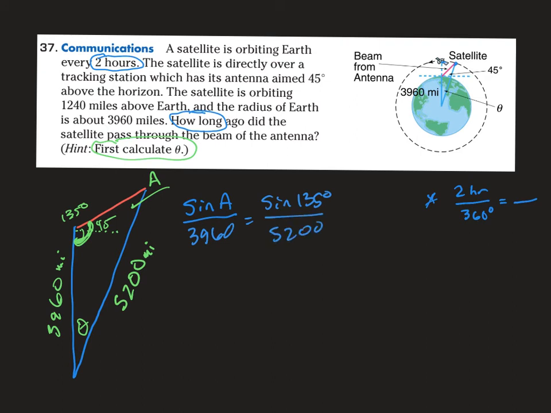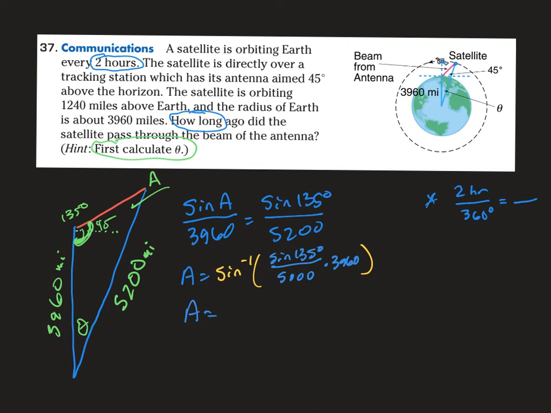And so to solve for A, I'll do the inverse sine on that calculation. And the calculation is going to be the sine of 135 divided by 5,200 times 3960. And we'll do that calculation and figure out how big angle A is, and then I can use that to solve for theta.